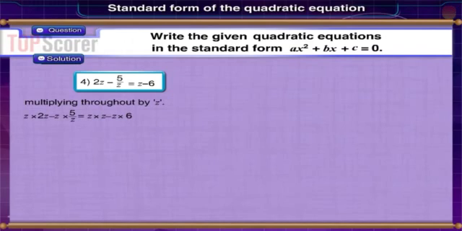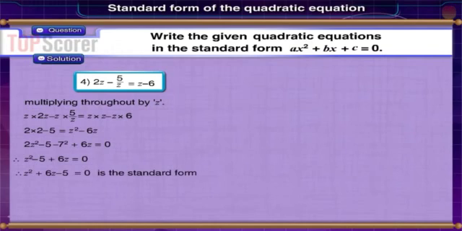Multiplying throughout by z, the equation becomes 2z square minus 5 is equal to z square minus 6z. On simplifying and arranging the terms, this equation can be written in the standard form as z square plus 6z minus 5 equal to 0.